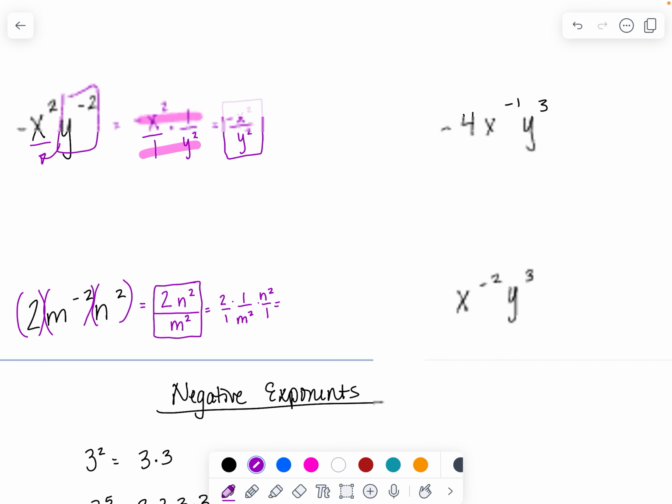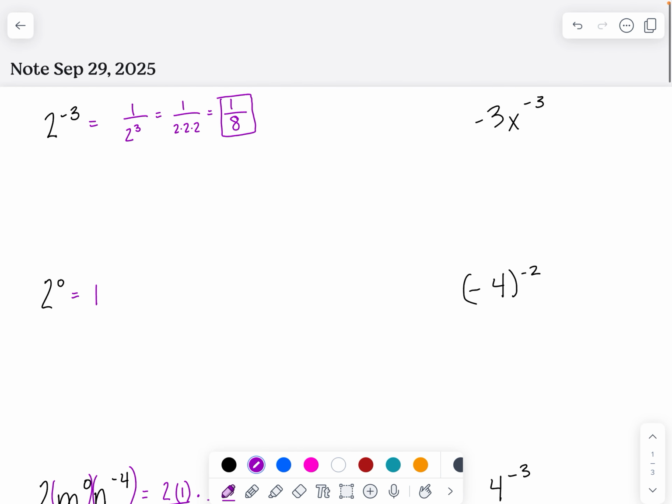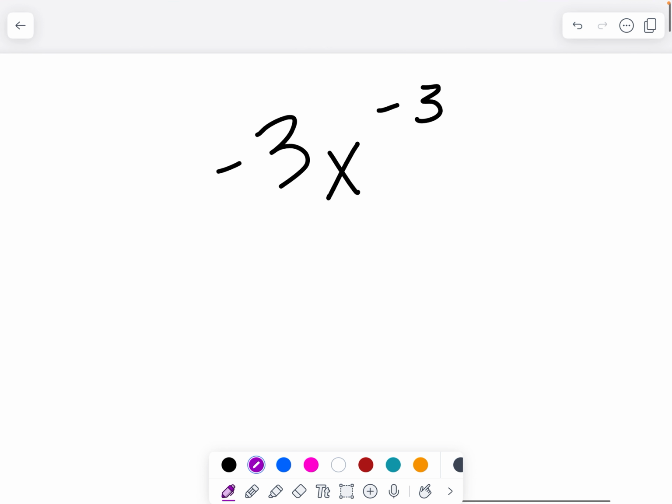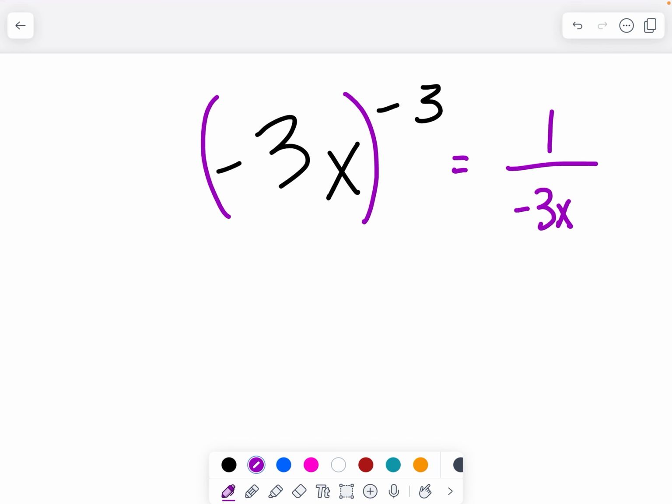All right, now let's see some tricky ones. This guy, negative 3. The negative 3 and the x are not married to each other. That exponent only belongs to the x. If they put parentheses around this, like that, then we'd have to do this. Negative 3x to the third.